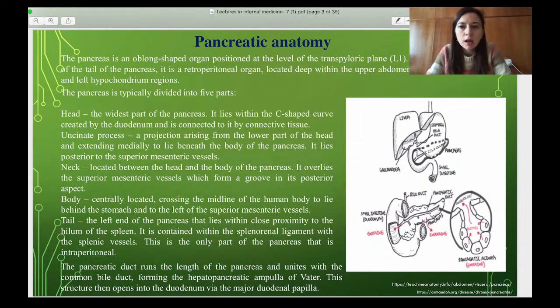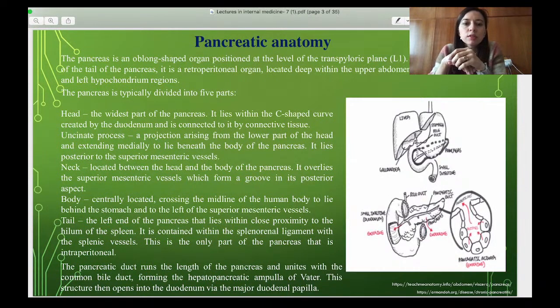Next is the neck. Located between the head and the body of the pancreas, it overlies the superior mesenteric vessels, which form a group in the posterior aspect. Next, the body, centrally located, crossing the midline to lie behind the stomach and to the left of the superior mesenteric vessels.